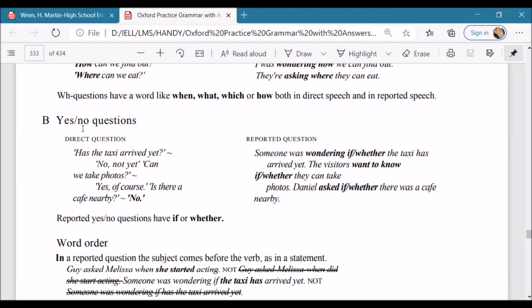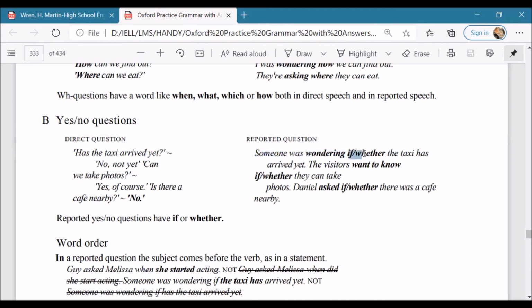Then we have yes or no questions like, has the taxi arrived yet? The assertive one would be the taxi has arrived, but the question is has the taxi arrived yet. So we can have this kind of structure where we would use if or whether. So someone was wondering if the taxi has arrived yet.